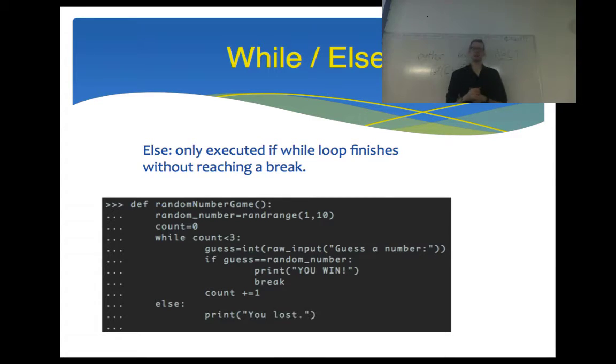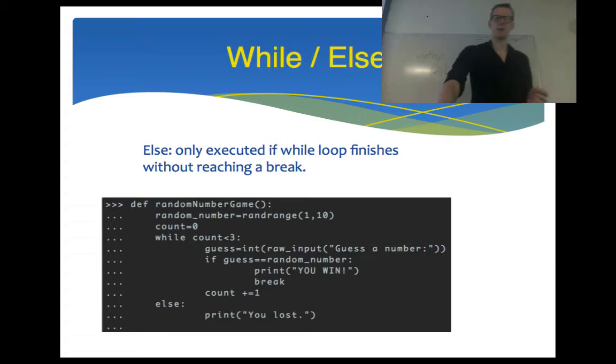So we saw if and else statements, and that makes some sense. You know, if something is true, do one thing, else do something else. You can also have while and else statements, which doesn't make quite as much logical sense, but all you need to know is that an else statement is triggered if a while loop finishes without reaching a break.